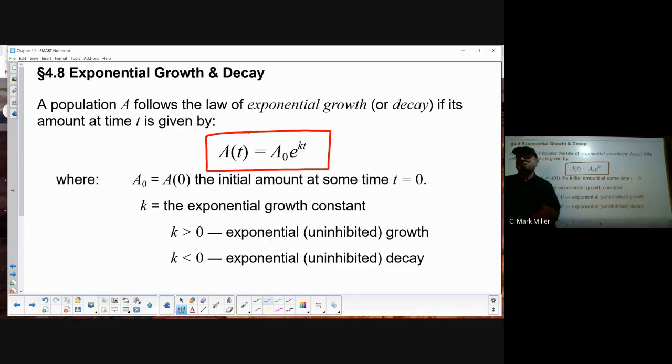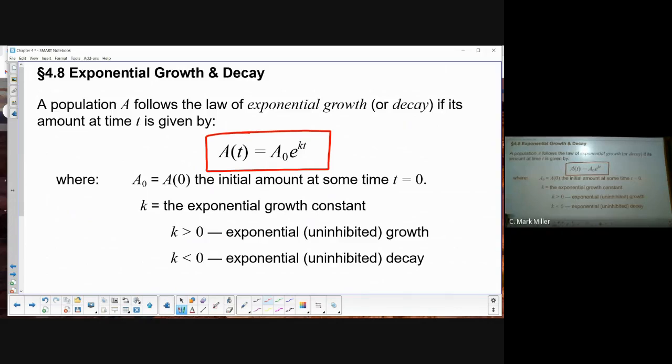It's the x, if you will. A is the dependent variable. It's the population or however much you have of something. We say population whether the item under consideration is living or not. Population could be, we're going to use A even for stuff like amounts of uranium left or something like that. We have an example in the notes.